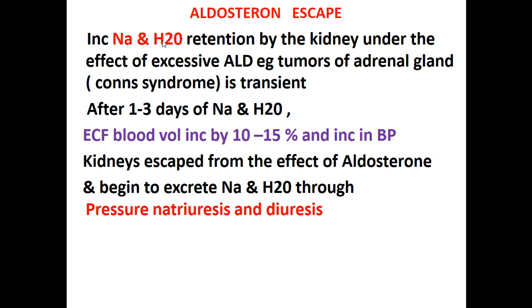So this is known as aldosterone escape. That means aldosterone is there, but its effectiveness is less than what we are expecting from this hormone. Although it is present, due to the effect of the kidney, through pressure natriuresis and diuresis, these effects become low in your body. This is known as the aldosterone escape.